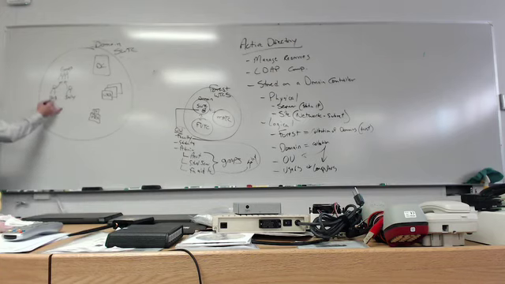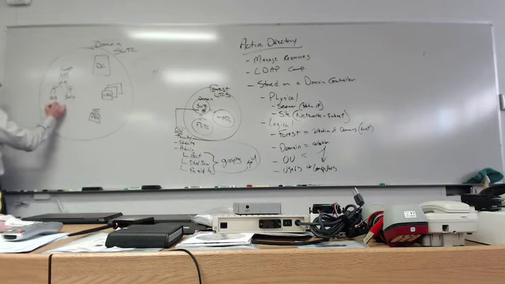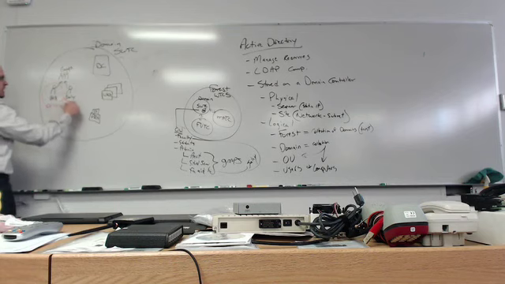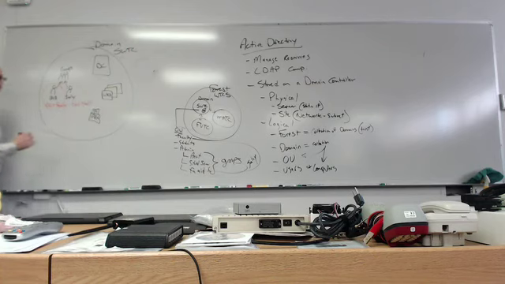So the user Bob exists in this domain, and we're going to organize Bob by putting Bob into the OU faculty. Sally is going to be in the OU staff.